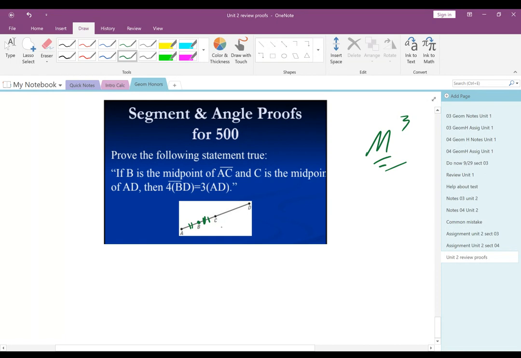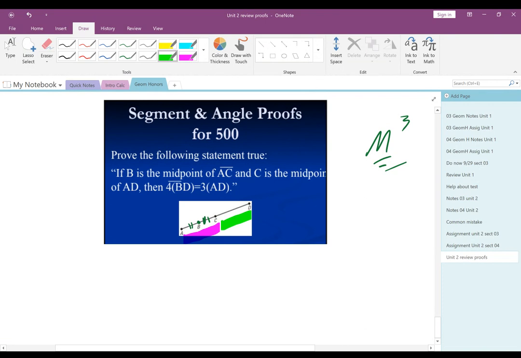C is the midpoint of AD, so at some point we're probably going to need to say that this piece is congruent to this piece, right? This CD is congruent to BC, AC. So at some point we're going to be able to say this is congruent to this, right?